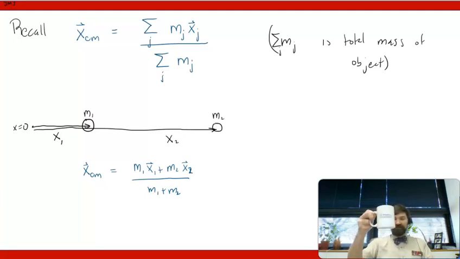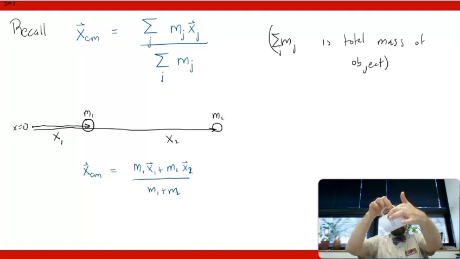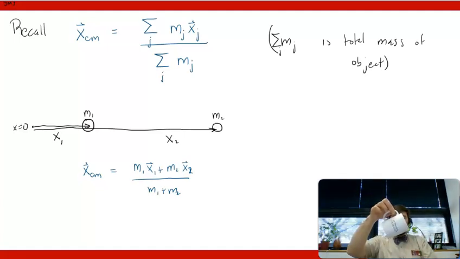For example, I have here my little teacup, and if I want to find where the center of mass is for this teacup, how might I go about doing that? Well, if I suspend it like this, my center of mass will actually fall somewhere in a straight vertical line below my suspension point. Now, that gets you more or less the center of mass along this one axis.